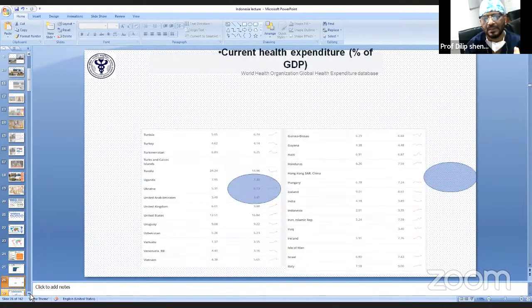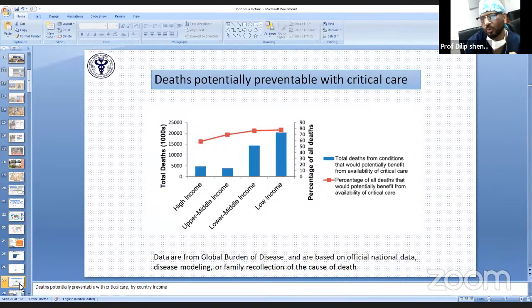So why are we bothered about critical care? Because in the developed world, they are managed well and there is not a very high number of preventable deaths. But in poor countries, low income countries, these deaths are absolutely preventable by taking certain precautions.